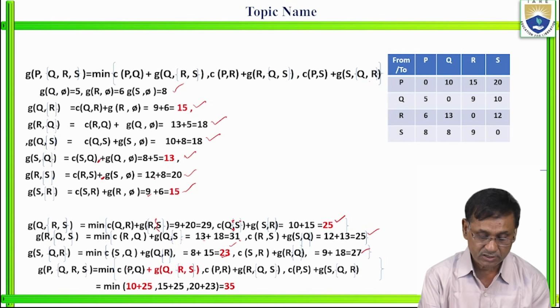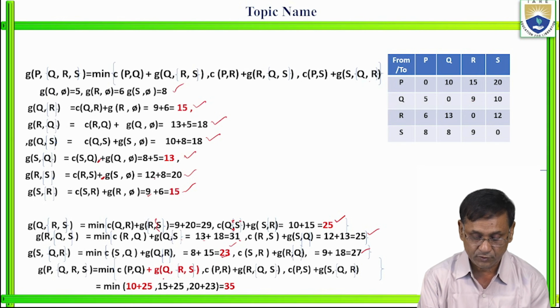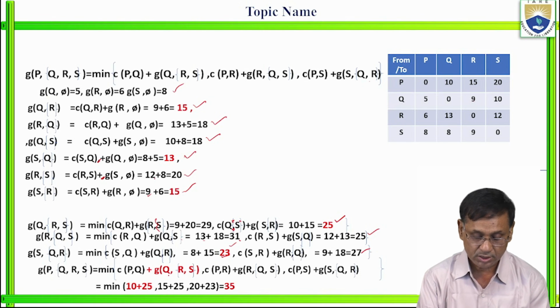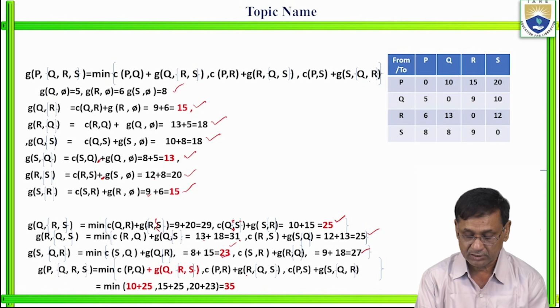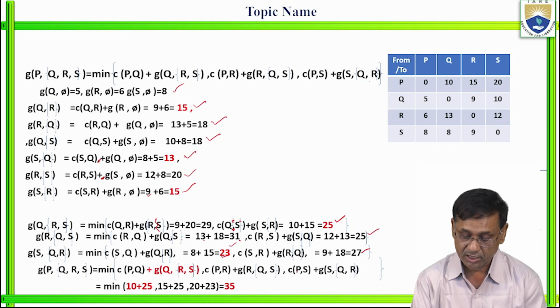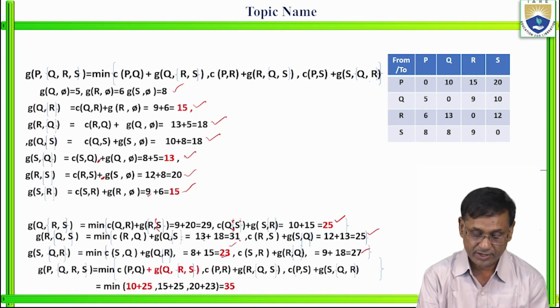So this is the cost of PQ plus the cost of going from city Q to the set of remaining cities R, S. So this value we have to find out. Similarly, the cost of edge P, R plus the cost of going from city R to the remaining cities Q, S, comma the cost of edge P, S plus the cost of going from S to Q, R. So we have to find out these values.